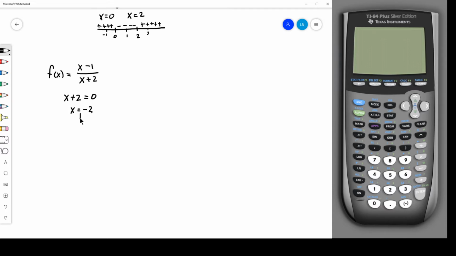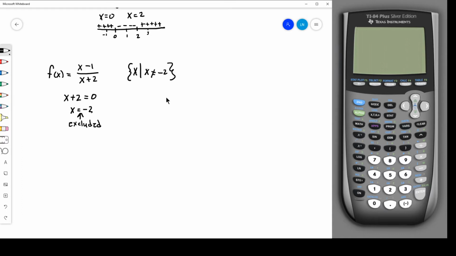Now this point here, x equals minus 2, is excluded, because that is a point where the denominator is equal to 0. So when I come up here to write my domain, there's a couple of different ways I can do it, but the easiest one is to say the set of all x such that x is not equal to negative 2.